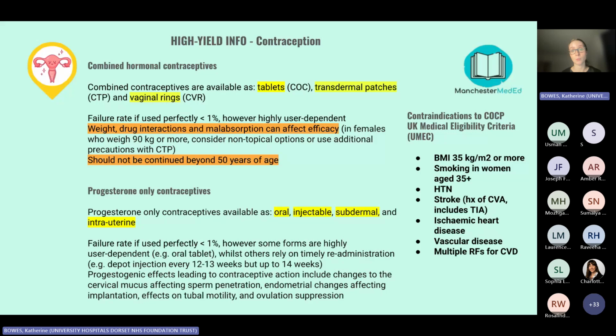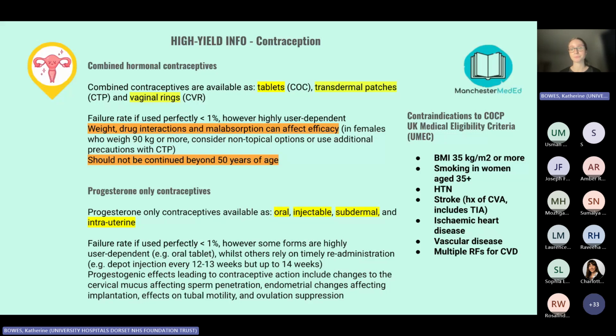And malabsorption can also affect the efficacy as well. So with any malabsorption syndromes, the pill might be less effective. And it should not be continued beyond 50 years of age. So that's quite important. If in your question stem the lady is an older lady, say 56, then you can already discount this one.